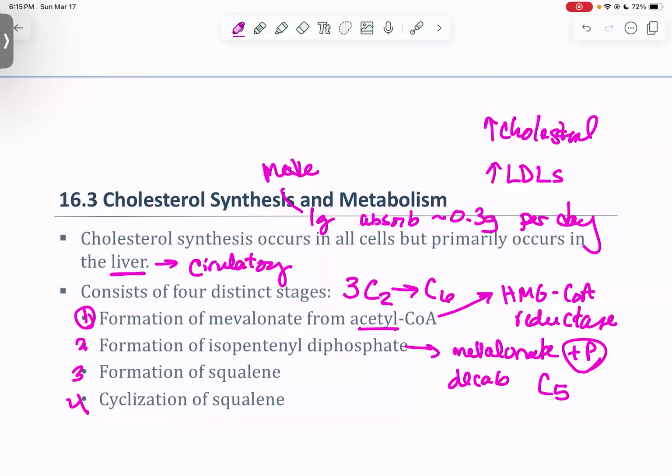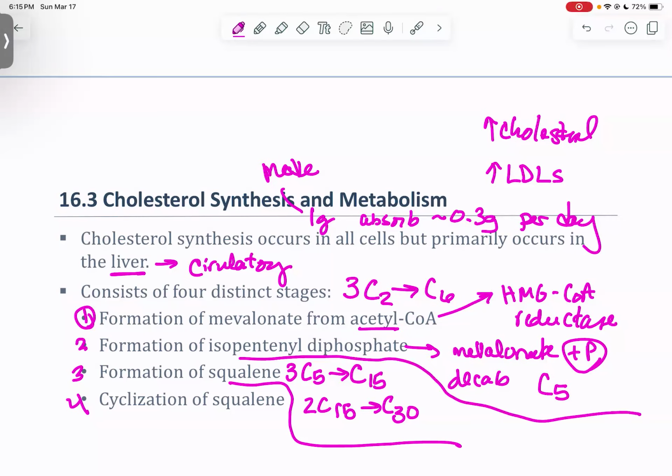Then step 3 is the formation of squalene, where we have 3 of those C5 molecules combined together to make 1 C15 molecule. And then if you have 2 C15s, they're going to come together and make the C30. This squalene is also used as a membrane lipid anchor, and we saw that in some different cell signaling pathways last semester.